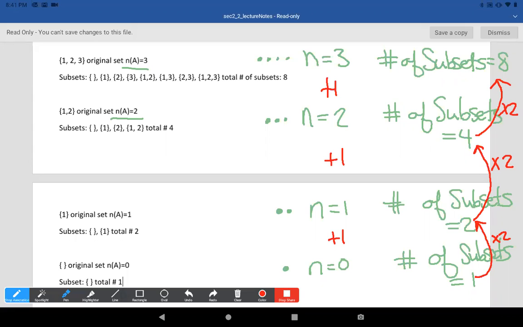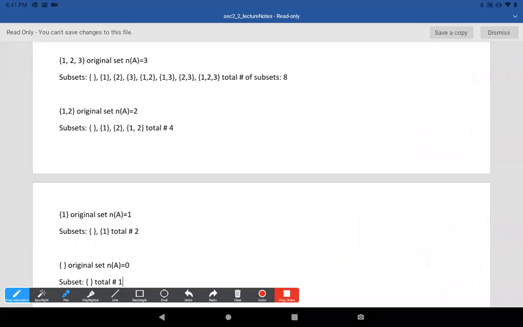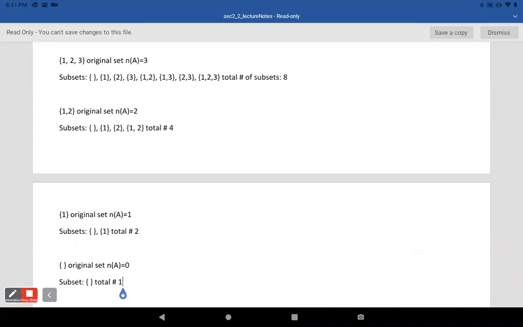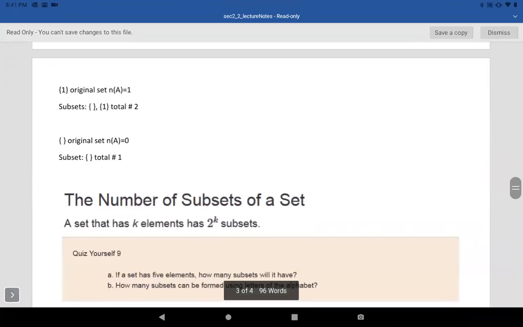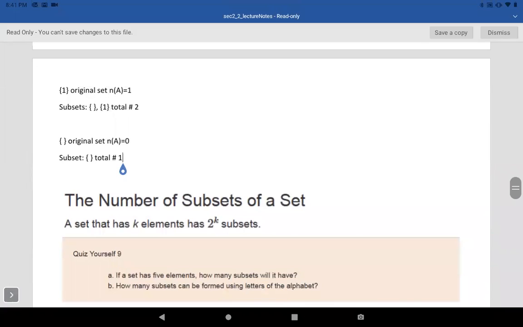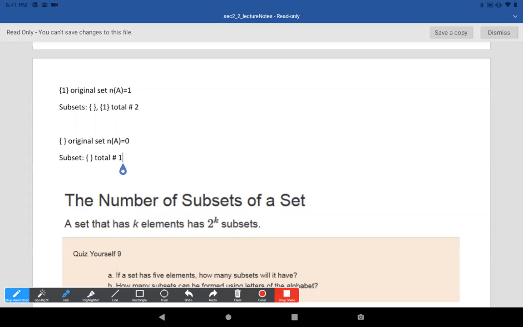subsets that you have. And so what we're getting as a result of this is this formula here, that the number of subsets of a set is 2 to the k. So if a set has k elements, which I just called n because we already learned the notation n of A for cardinal number, that's all this k is, cardinal number.